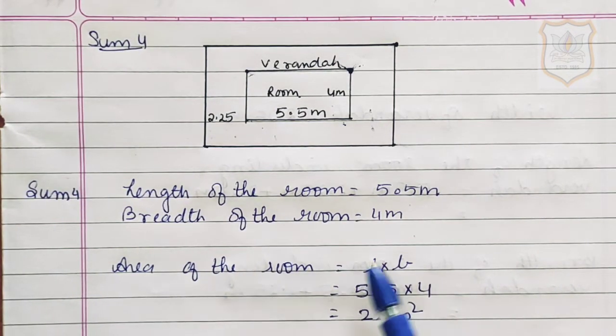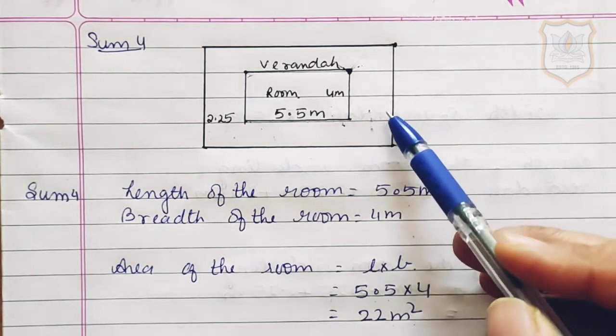So area of the room will be length multiplied by breadth. Here length is 5.5 meter and breadth is 4 meter. By multiplying 5.5 with 4, we will get 22 meters square. As students, 55 multiplied by 4 is 220, and we will place one decimal point, then the answer will be 22 meters square. So area of the room is 22 meters square.